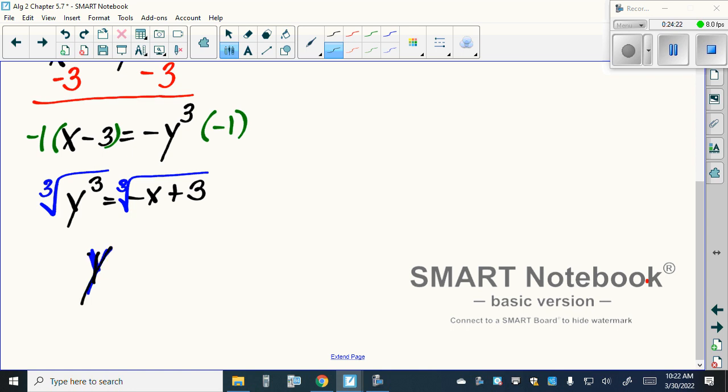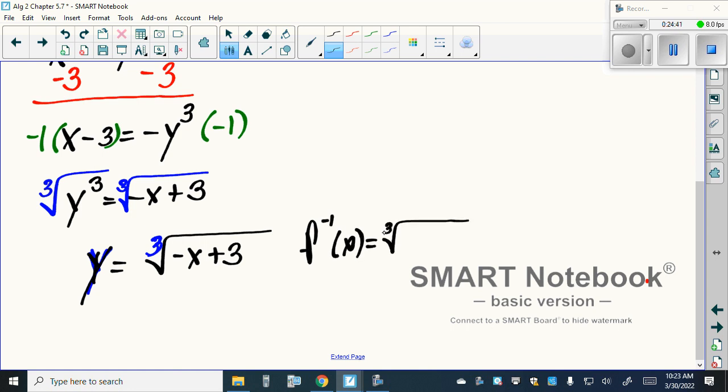Is equal to the cube root of negative x plus 3. Or we can say that f inverse of x is equal to the cube root of negative x plus 3. And that would be our answer for finding the inverse.